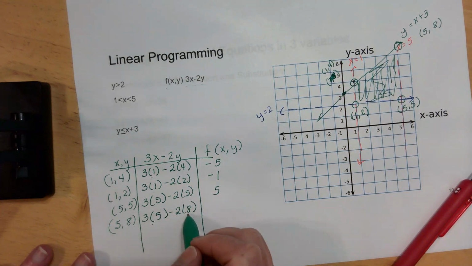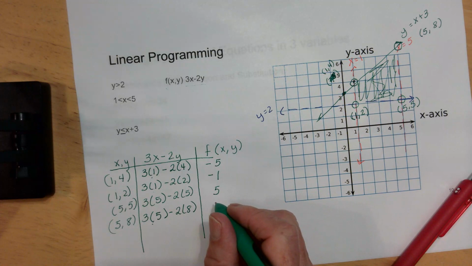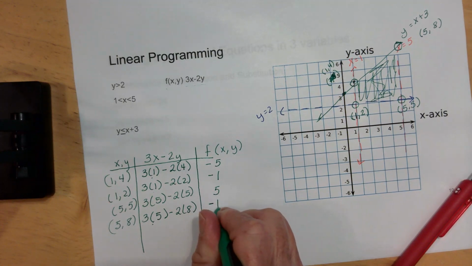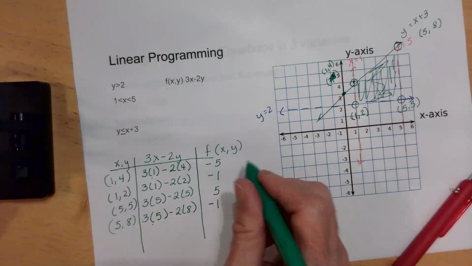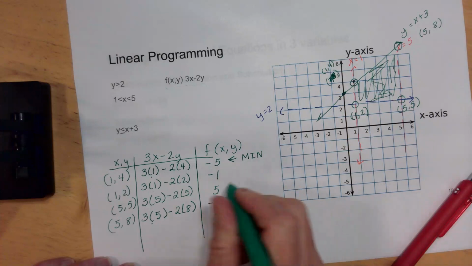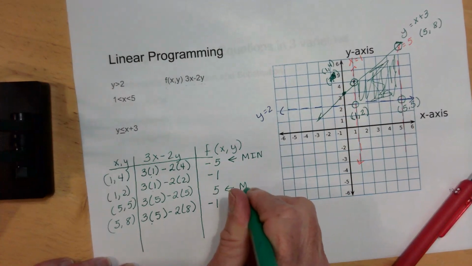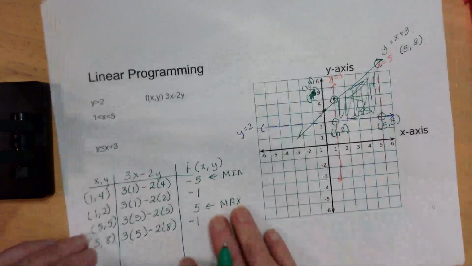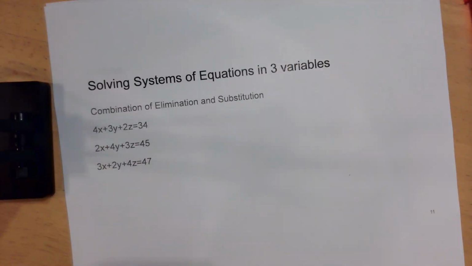This would be a 15 minus 16, which will give me a negative 1 as well. So what I find is this is my minimum point, and this is my maximum point. Okay. All right, so that's linear programming. You've got to be able to do that.